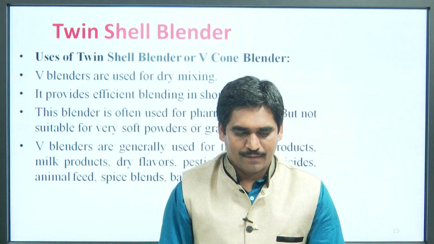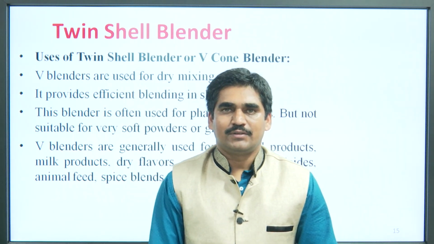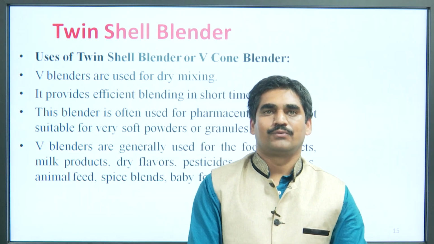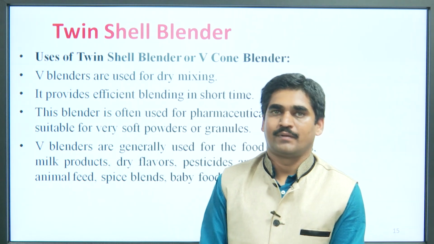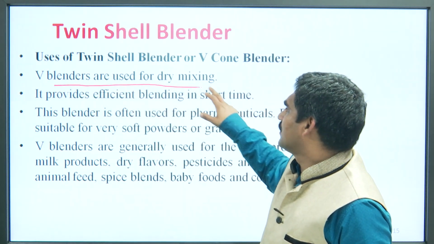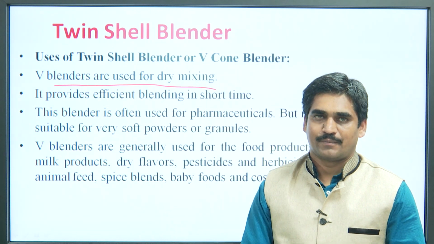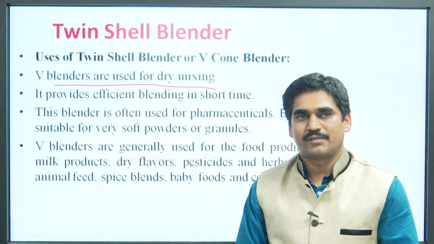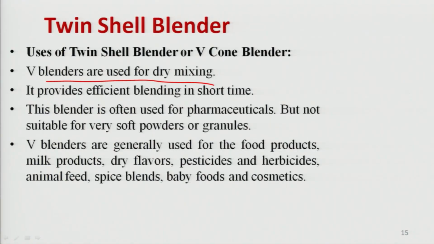Uses of the twin cell blender or V cone blender. Generally, these V blenders are used for dry mixing. If baffles are present, then wet and dry mixing both can be done.